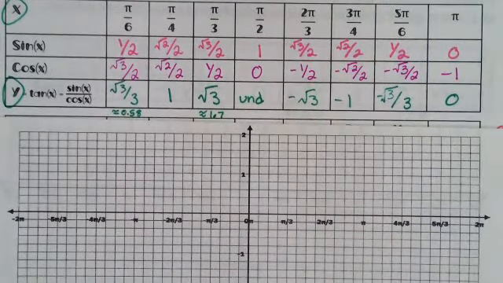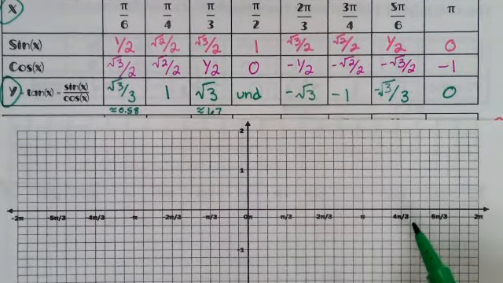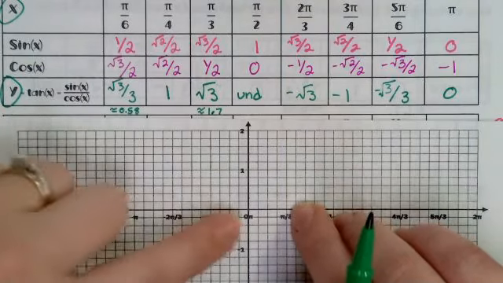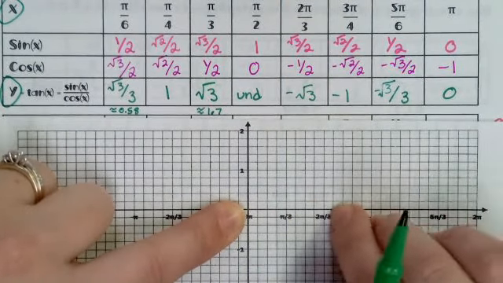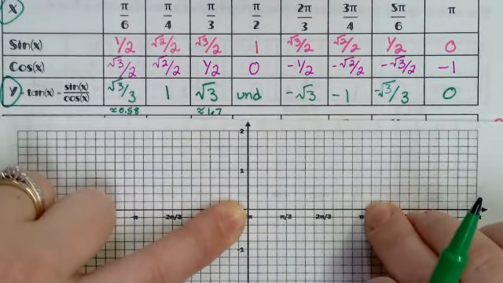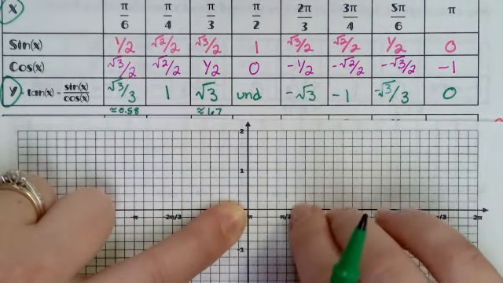So the first one is pi over 6 for my x, and then 0.58-ish for the y. Now, pi over 6 is a little bit tricky to find. If you're looking at the graph grid that I've provided, the way that it's scaled is by pi over 3s. You're seeing here is 0, then pi over 3, 2 pi over 3, pi. I don't see pi over 6 listed, but that doesn't mean it doesn't exist. They just didn't label it. So where is it?